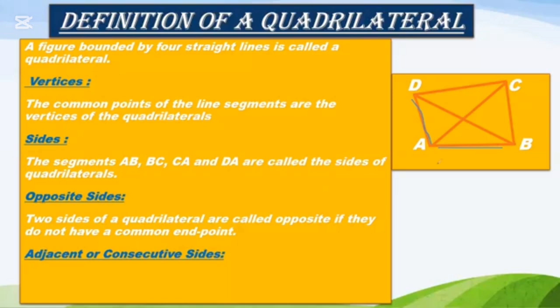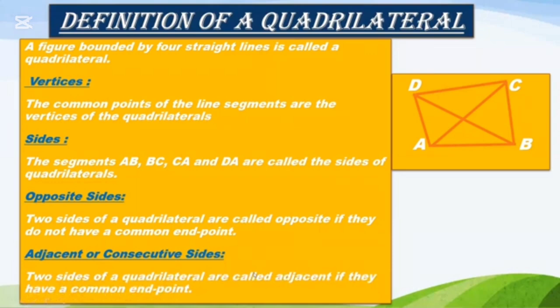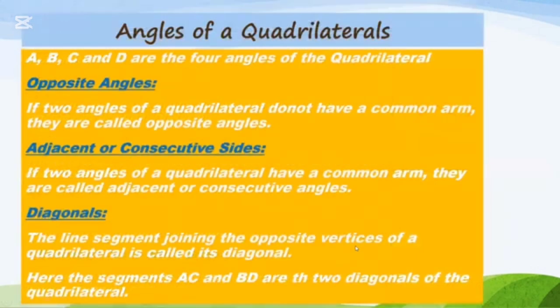Why? Because there is a common endpoint between these two sides, and the common endpoint is A. So two sides of quadrilateral are called adjacent if they have a common endpoint, right? So this is all about sides of quadrilaterals.